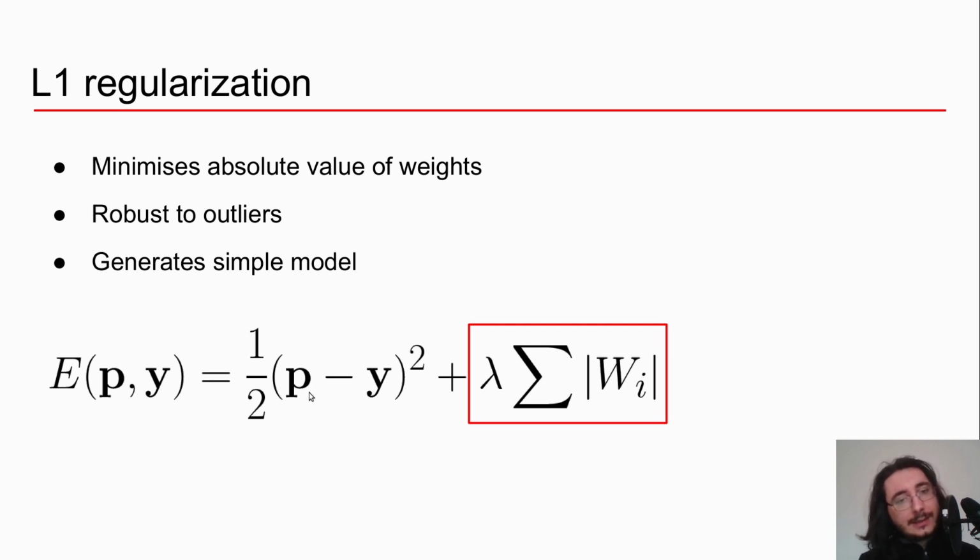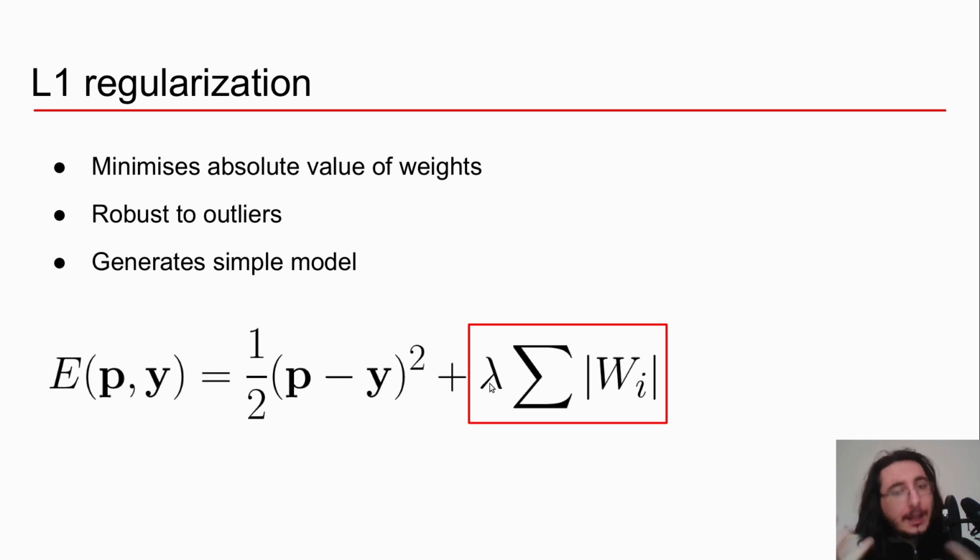We have the quadratic error here, and then we add this regularization term. As you can see, we have the sum of the absolute values of all the weights, and then we have lambda, the regularization term.